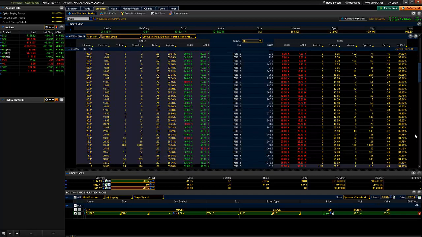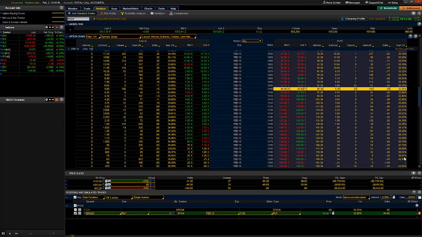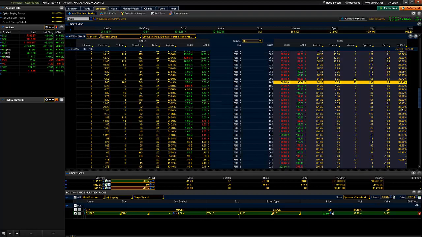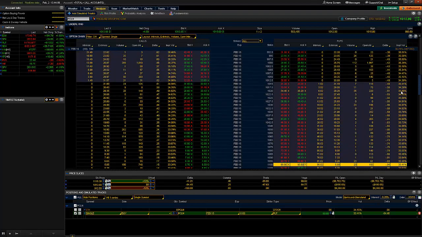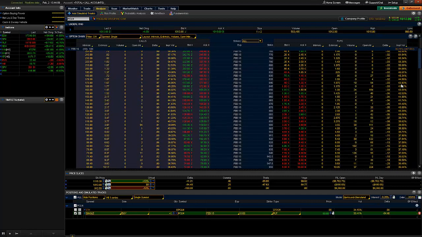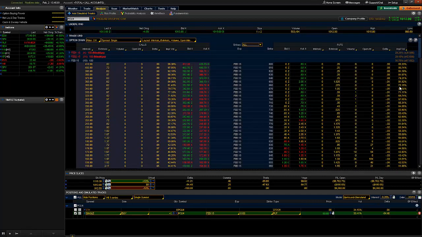You go deep in the money, you've got 35, 40, 32, 31. Now, as soon as you start coming out of the money, look at what that starts doing, it starts increasing. You get all the way out here, essentially nothing is trading this far out at the 600 strike, but that is all extrinsic value.